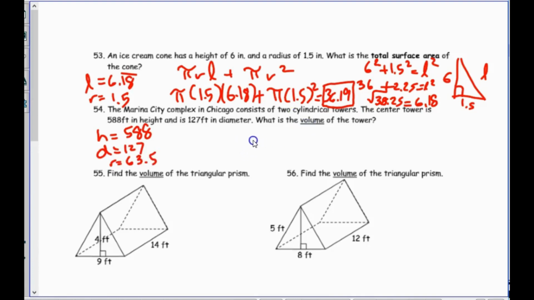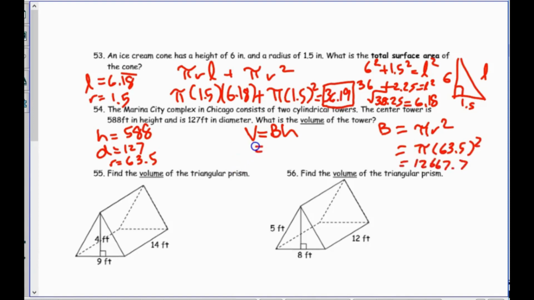Okay, so the volume of a cylinder, okay, is BH. But remember, big B is the area of a circle, which is pi r squared. So let's figure out pi r squared. So we got pi times 63.5 squared, which gives us 12667.7.